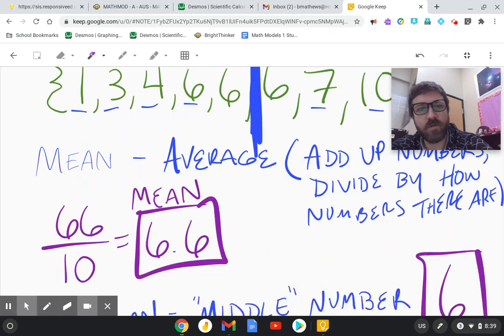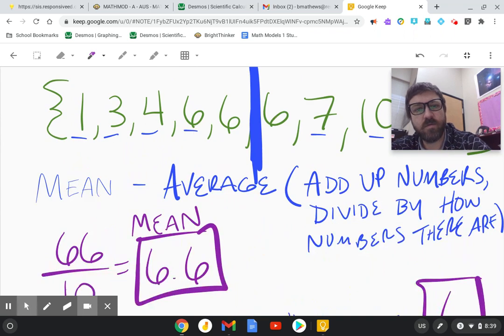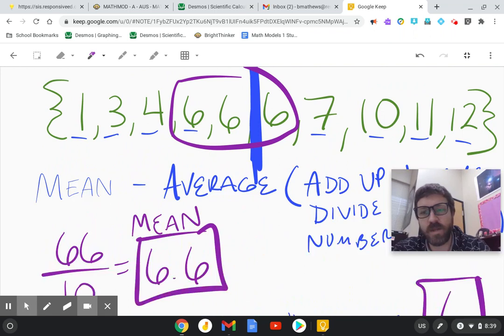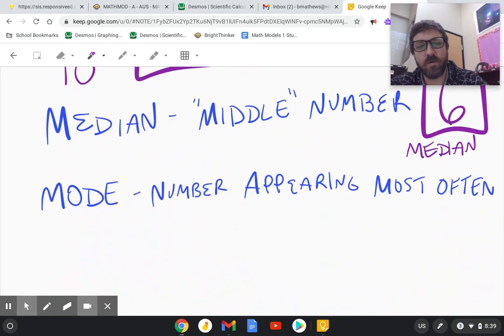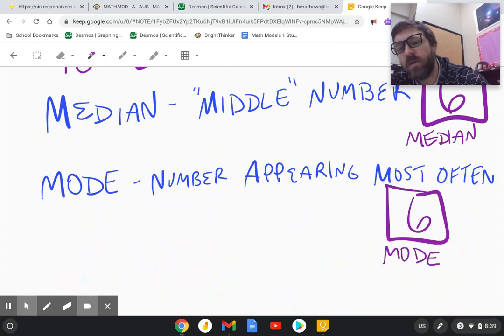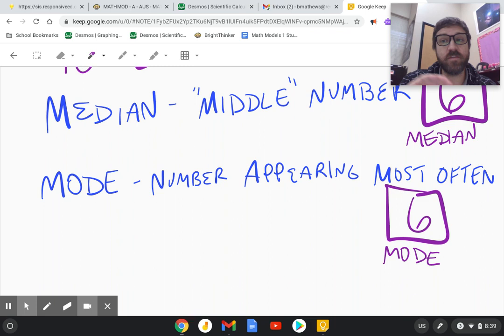We also have a mode of 6 because there are three sixes right there, and there are no other repeating numbers, so clearly that is the mode. It is possible to not have a mode. If there is no number that appears more than any other number, you do not have a mode. So if there's a tie, there is no mode. Nothing wins if there's a tie.